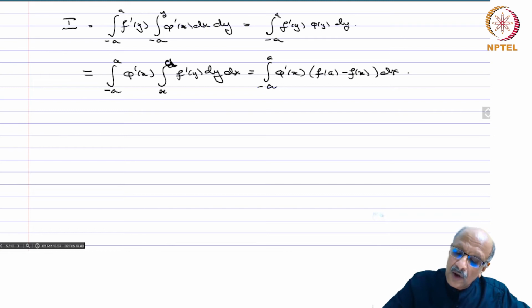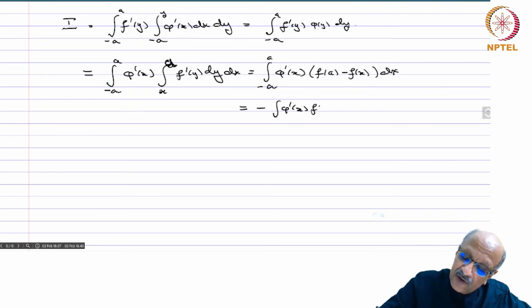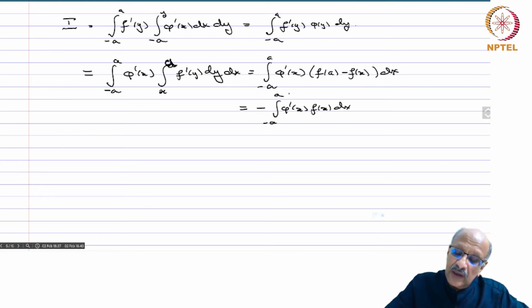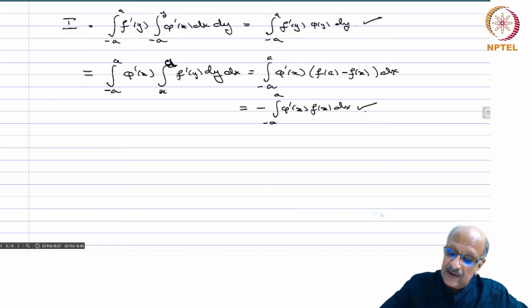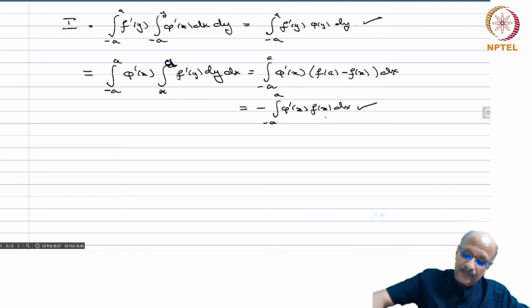Okay, so now f of a is a constant and will come out. You have the integral of phi dash from minus a to a, but it vanishes at both end points because phi has compact support. So this will just give you minus the integral from minus a to a of phi dash x f of x dx. So you see the integral of f dash y phi of y dy is also equal to minus the integral of phi dash x f x dx, and therefore the integration by parts formula is true.